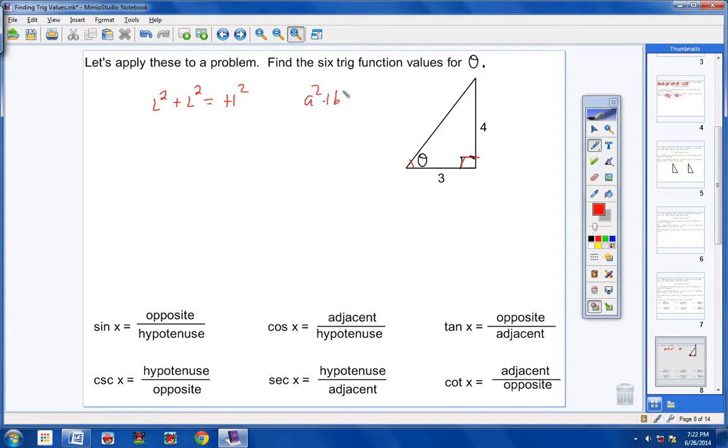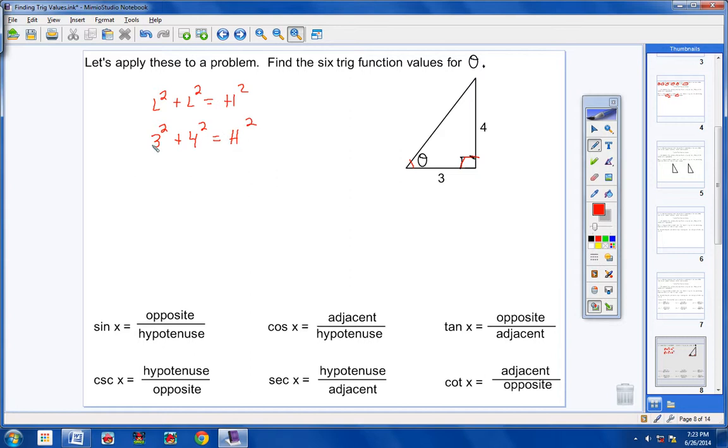A squared plus b squared equals c squared. I just like to use L and H for your unknowns. Okay, but it's the exact same formula. So here we go. One of your legs would be 3, so 3 squared. Another leg would be 4, so 4 squared equals hypotenuse squared.